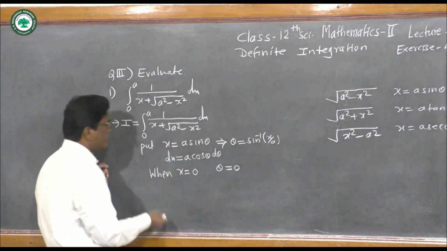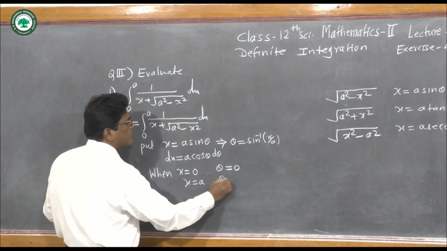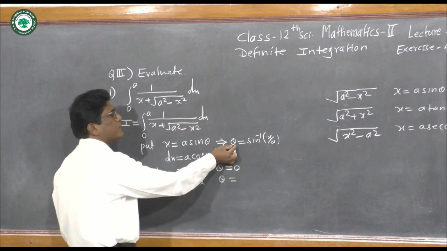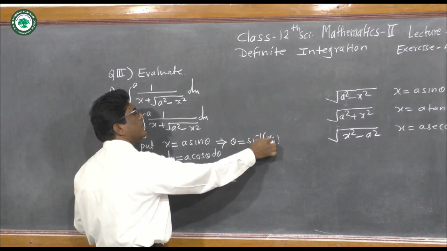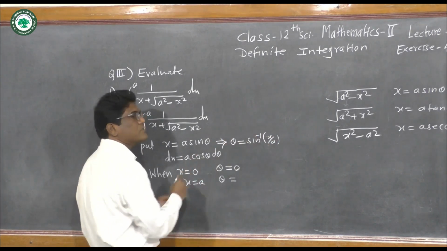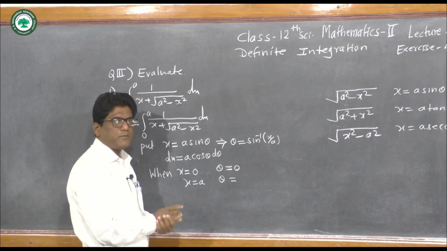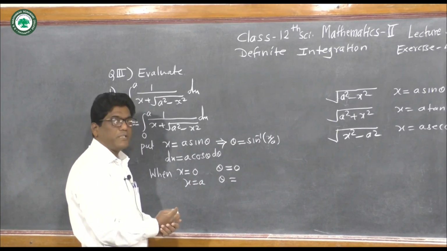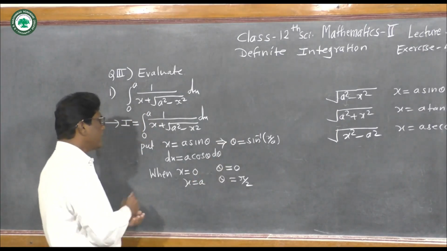Now when x is the upper limit a, theta is equal to sin inverse of a upon a, the a's cancel, so sin inverse of 1, and 1 is the value for sin of 90 degrees or pi by 2 in radians. So we take theta as pi by 2.